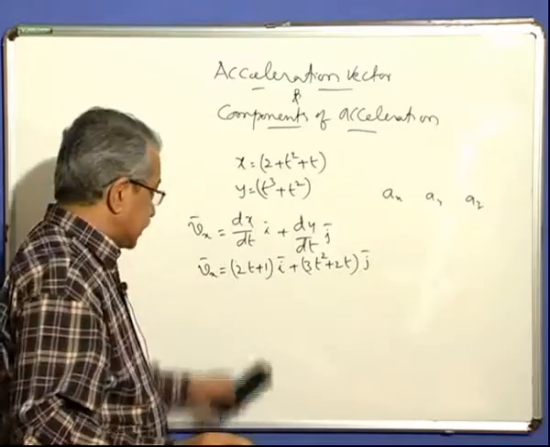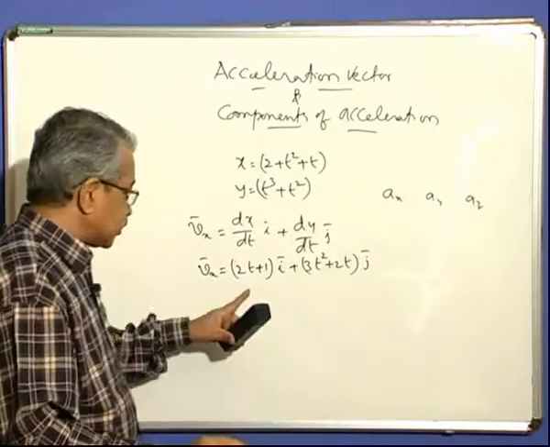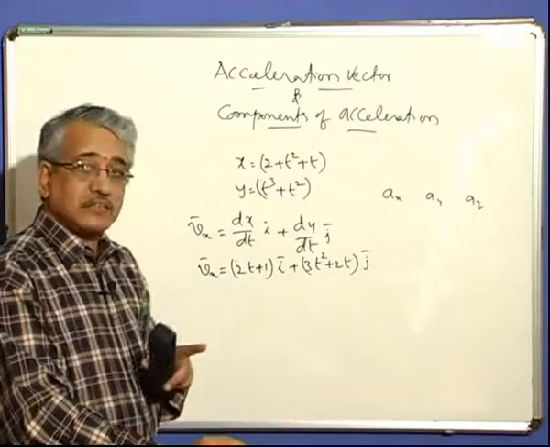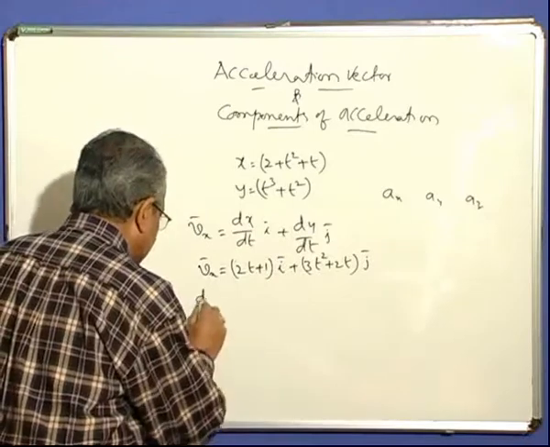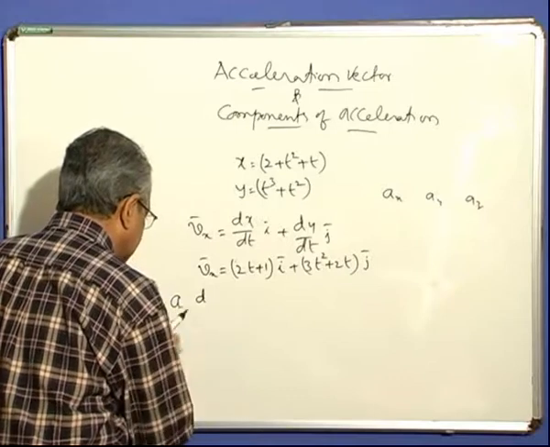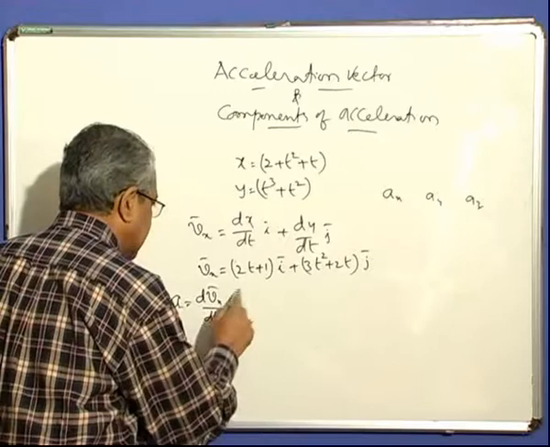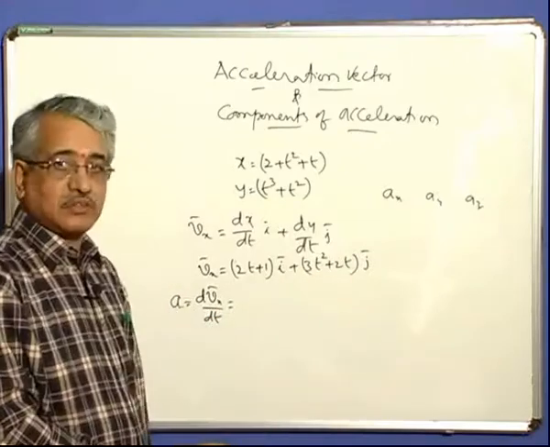This is how the velocity vector is changing with time. The x component changes like this, the y component changes like that. Now suppose you are asked to find out the variation of acceleration. You have to find dvx by dt, that means differentiate this once again with reference to time.